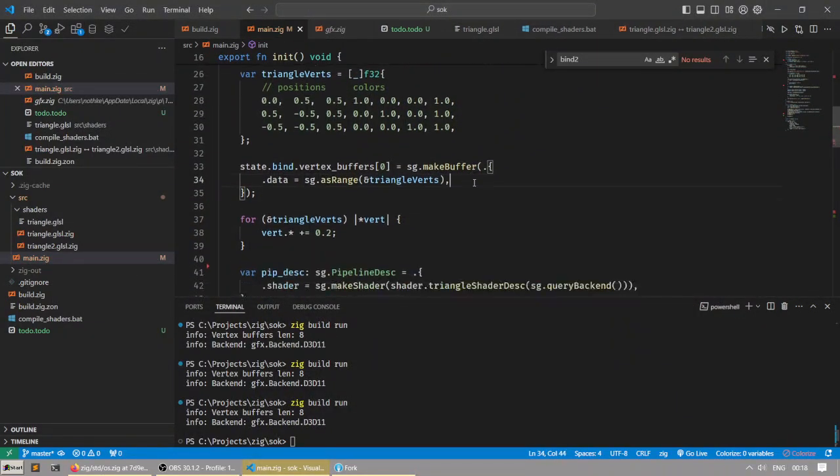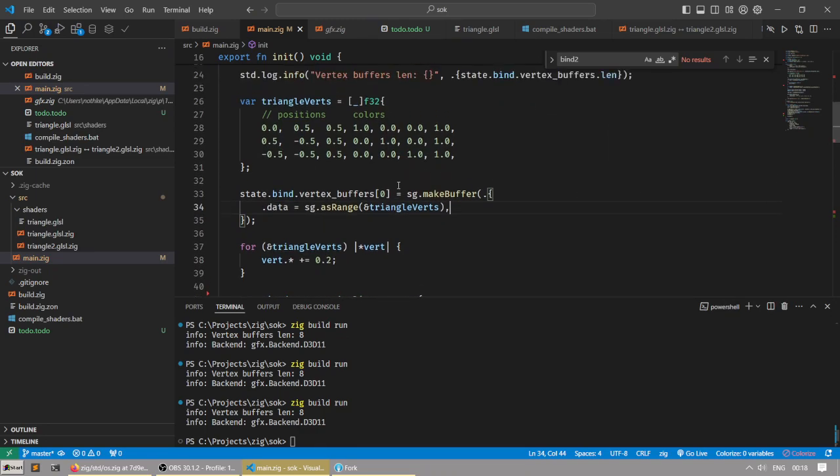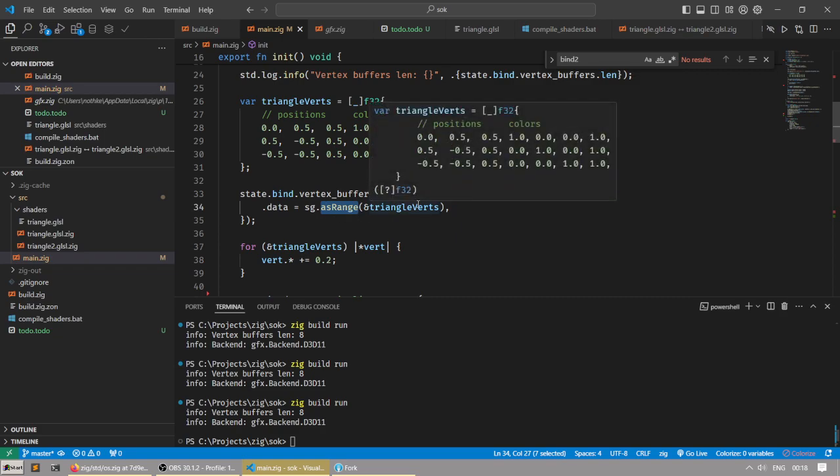Okay, so I create a buffer with triangle vertices, and this as range basically converts into the Sokol range. When I say Sokol, it sounds like I'm saying so cold. No, I mean Sokol, right?